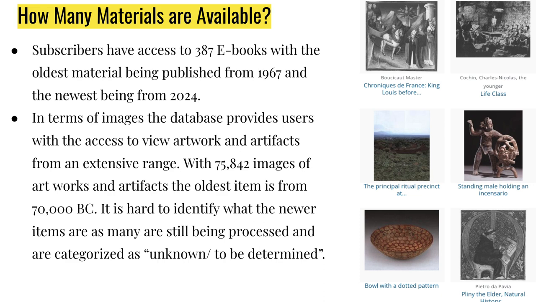A lot of the newer material has no date, as it is hard to identify what the newer items are, as many are still being processed and are categorized as unknown or to be determined. So you'll see a couple of things in the images, like little statues, pottery, drawings, recent pictures, and even drawing sketches or etc.